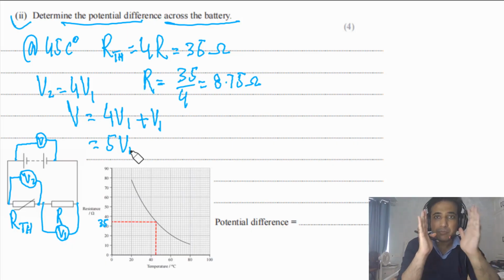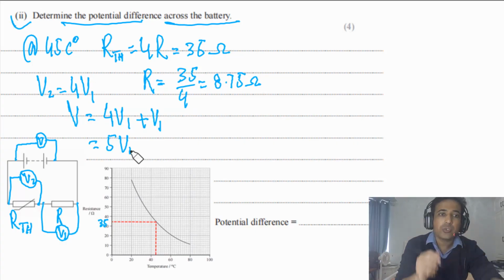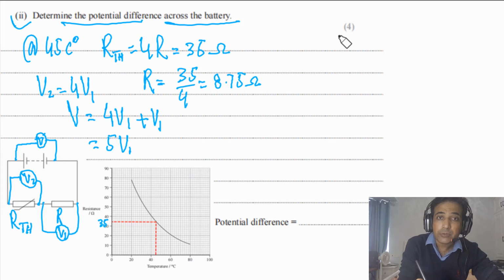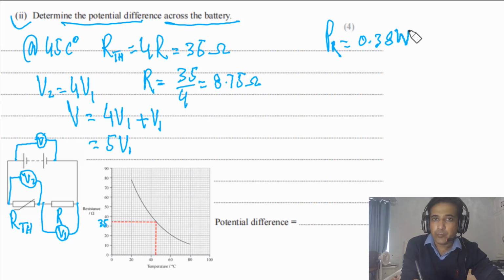So these are the basic concepts we need. Now if we can find the value of V1, we can find the value of PD across this battery. For this question, it is also given to us the power dissipated in the resistor, that is equal to 0.38 watts.